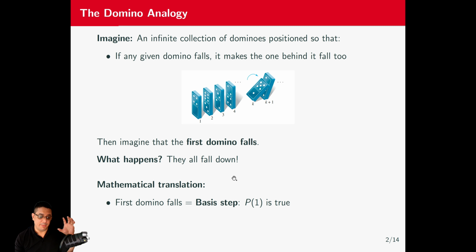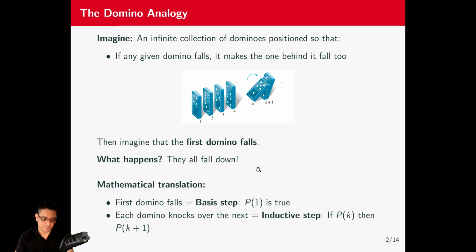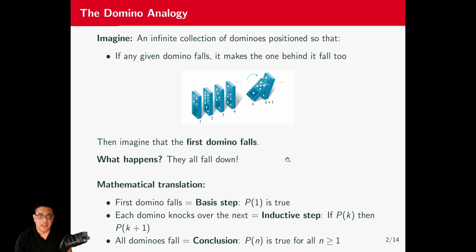So the first domino here is the basic step, the property for the first number. And each domino that knocks over is just proving the inductive step, which is if P of k holds, then P of k plus 1 holds. And at the end, all the dominoes are going to fall. So the conclusion is that the property is true for all the n bigger than 1.